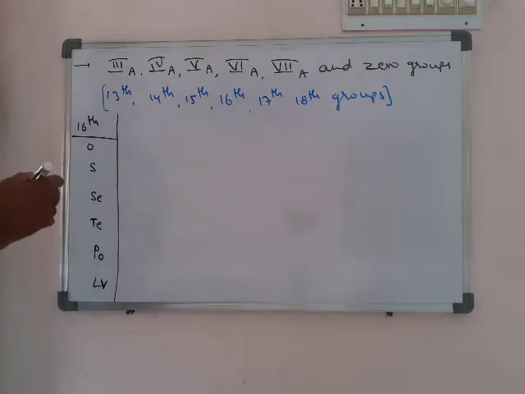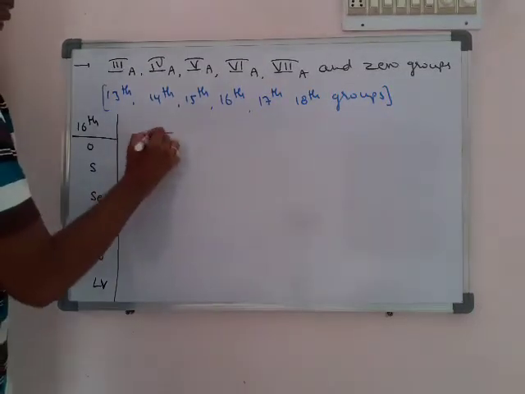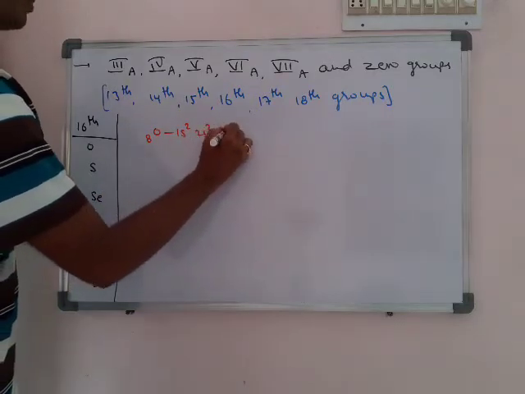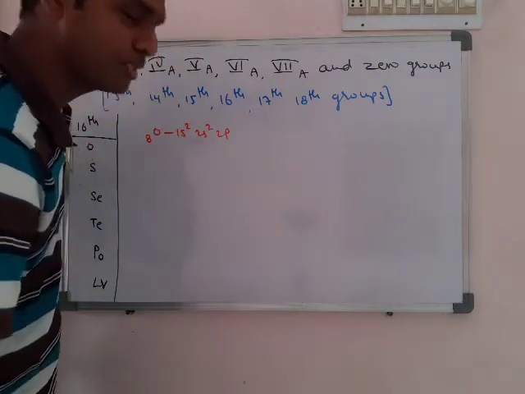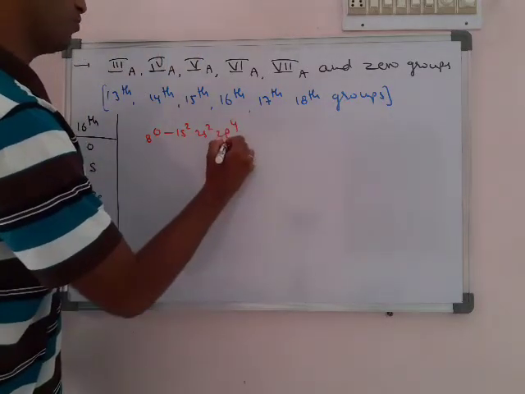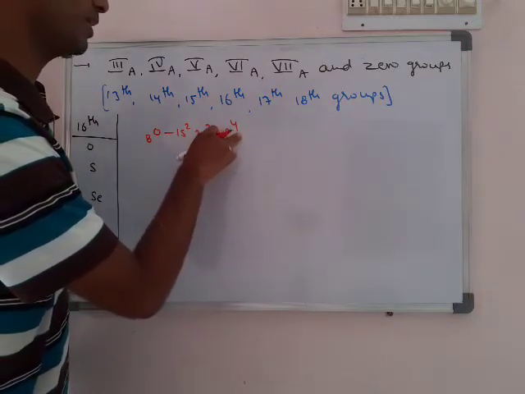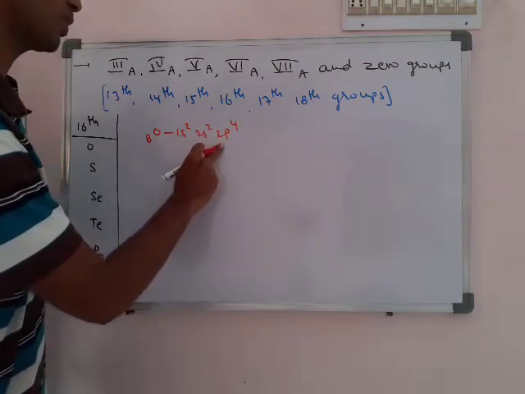So now check the configurations. So oxygen 8, 1s2, 2s2. You have to be perfect in the electronic configuration also. 2s2, 2p4. So in which subshell is the newly entered valency electron present? 2p4. So it is the 2p subshell, so it belongs to p block.